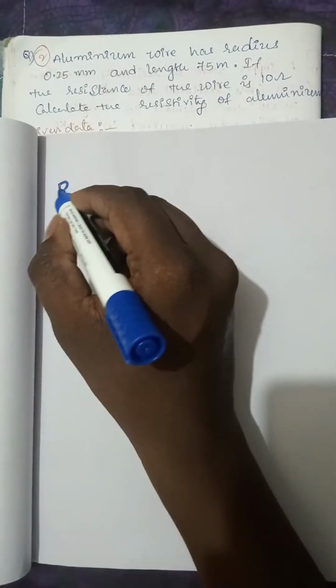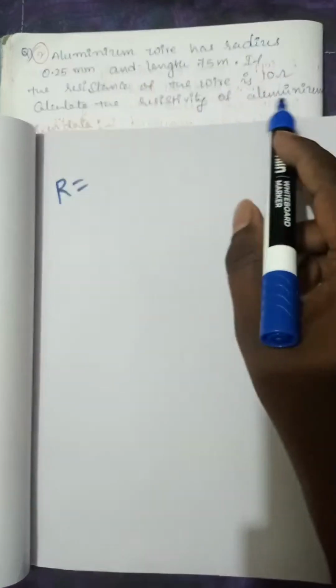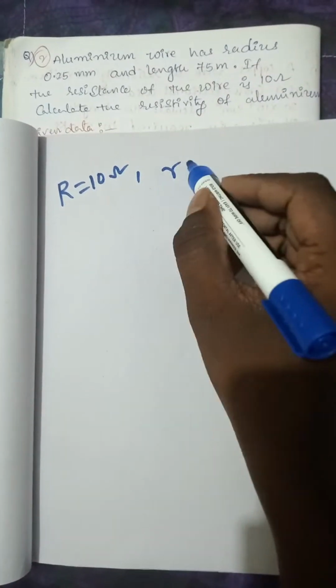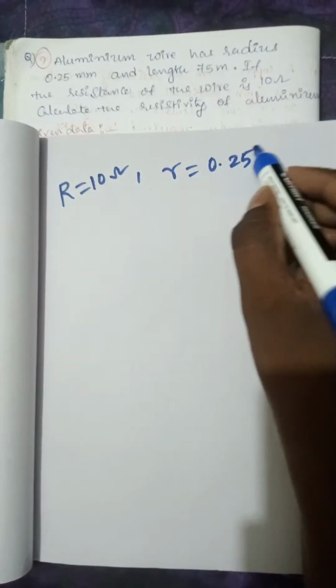The wire has radius given. Here R, resistance, is given as 10 ohm. Radius I am writing with a small letter r: 0.25 mm radius.